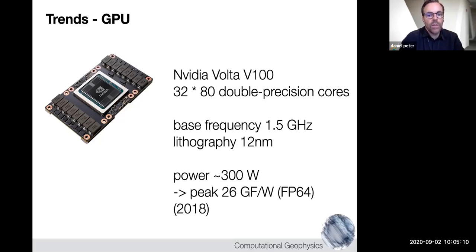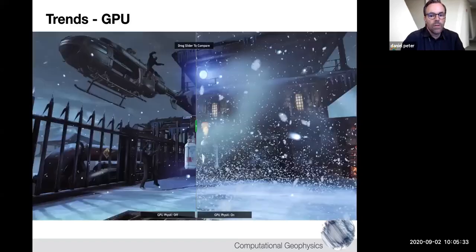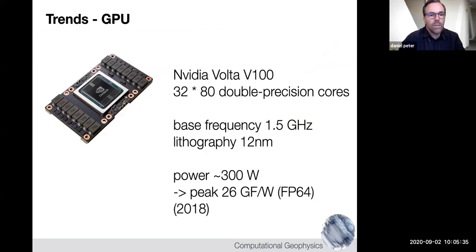And if you compare how energy efficient it would be in terms of flops per watt, it's at 26 gigaflops, this is double precision, per watt. If you look at Fugaku, this one had 16 gigaflops. And this one has 26. So in principle, a GPU is way more energy efficient.